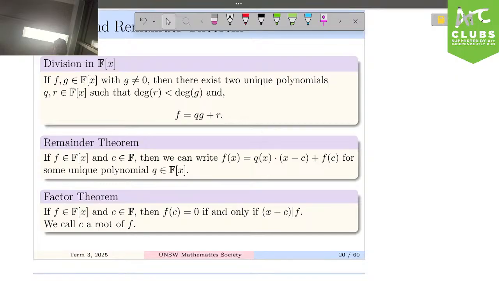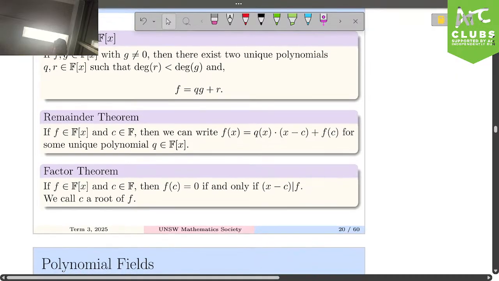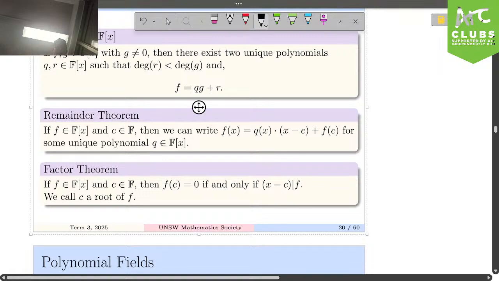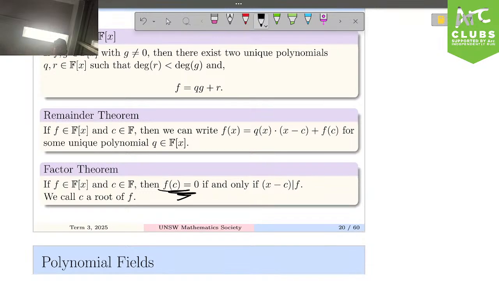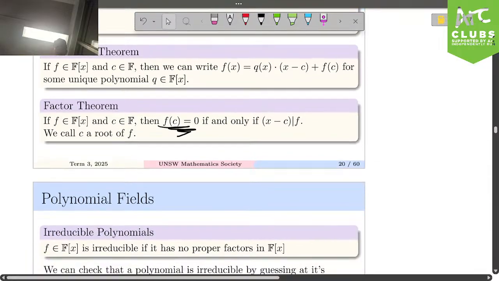What it says is, if the remainder f of c is 0, then c is a root. This is something that we used extensively in high school. We said, if my polynomial gets equal to 0 when I put 2 into it, then 2 is a root of that polynomial. Same thing here.